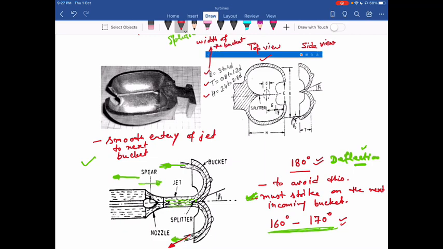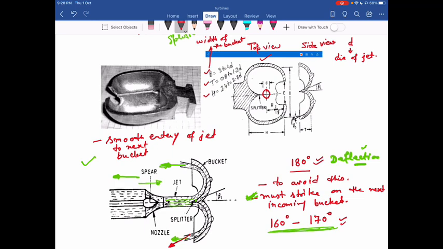Now all these dimensions B, T, H depend on one dimension, that is D. Now this D is the diameter of the jet. So this is the diameter of the jet which is striking at the splitter over here. This is small d. So all dimensions B, T and H depend on this diameter d.